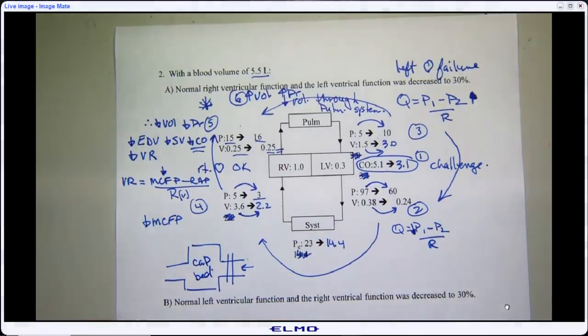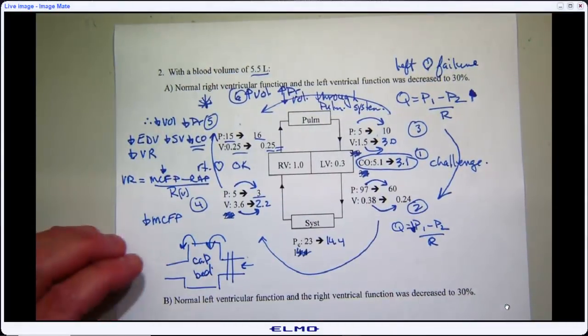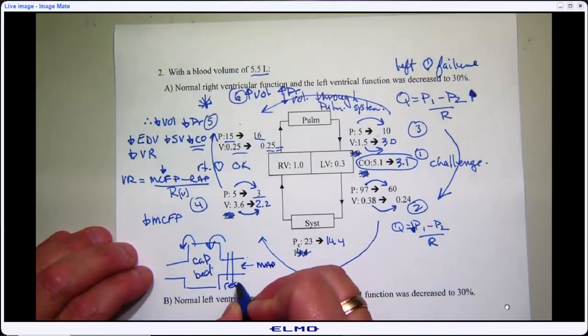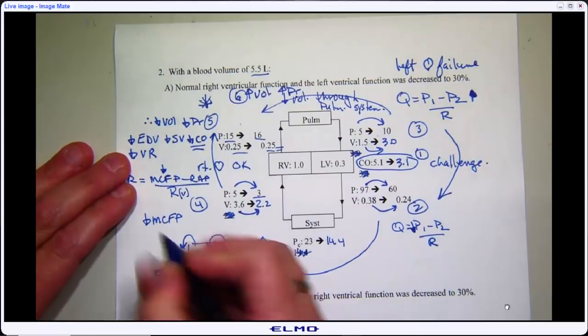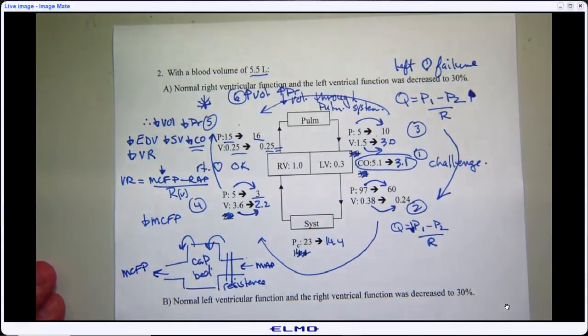So what's happening? Can someone work me through the volume in argument for this capillary bed? Or the volume out argument? Pick which one you like. So who can take me through the volume in argument for this capillary bed?